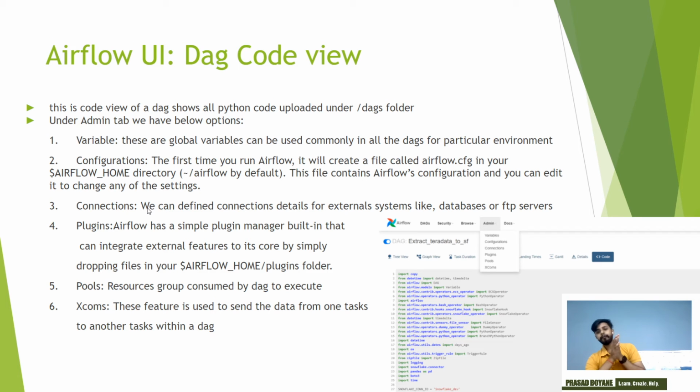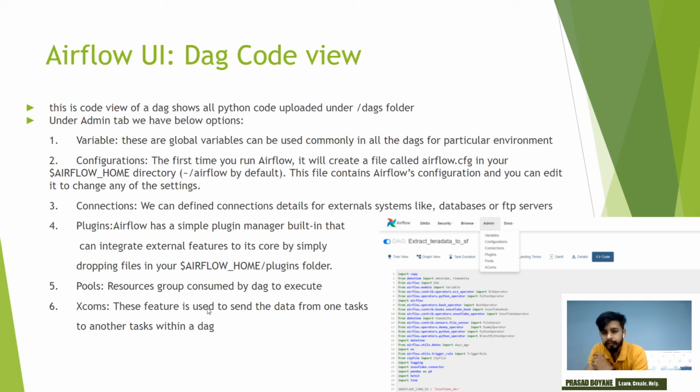Connection. As we have taken an example, you want to connect from Airflow to a MySQL database. So it's an external system, an external database. Now to connect to that database, we need some login credentials or host and port information. Instead of hard coding that information inside your DAG code, the best practice is something called a connection.